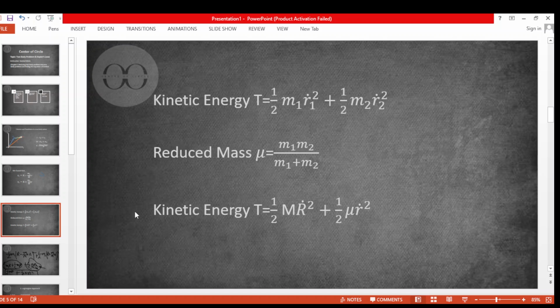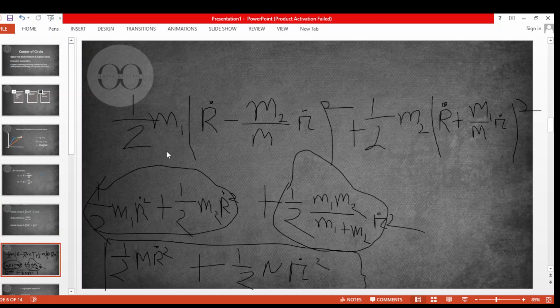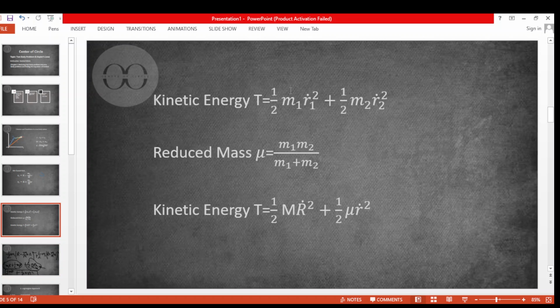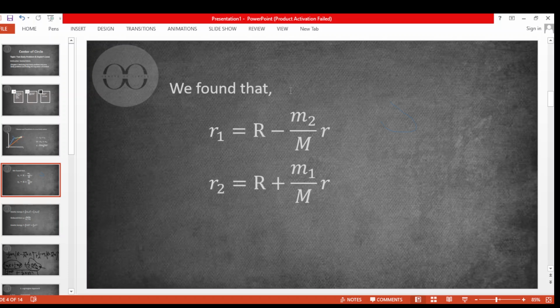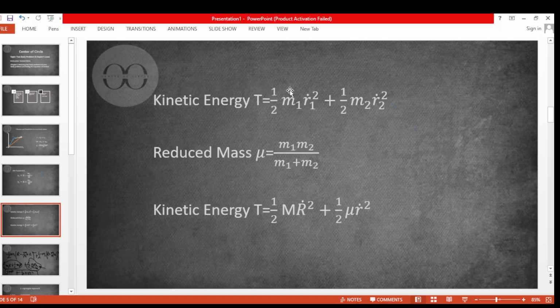As you can see in our previous slide, I have written the reduced mass mu equals m1 m2 divided by m1 plus m2. Where did this come from? This comes from our algebraic calculation of the kinetic energy equation, after substituting r1 dot and r2 dot with the values of r1 and r2 which we developed in our previous calculations.